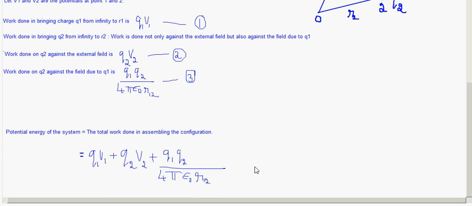The potential energy of the system of two charges in an external field is given by Q1 V1 plus Q2 V2 plus Q1 Q2 divided by 4 pi epsilon naught into R12.